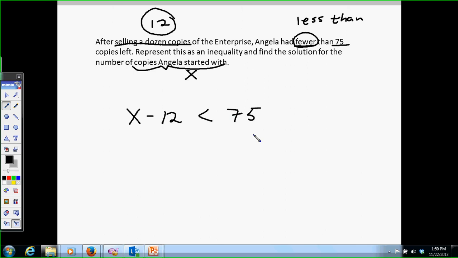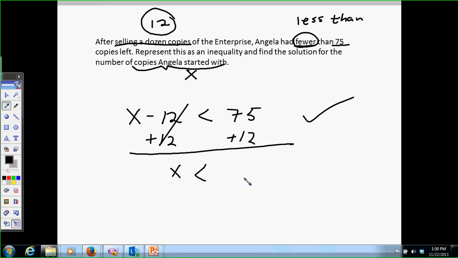So here's our inequality. We're partially done. Now we solve to find out how many she started with. We add 12 to each side. Cancel. X is, bring down your inequality symbol. 75 plus 12 is 87. She started with 87 books. And that's how that works.